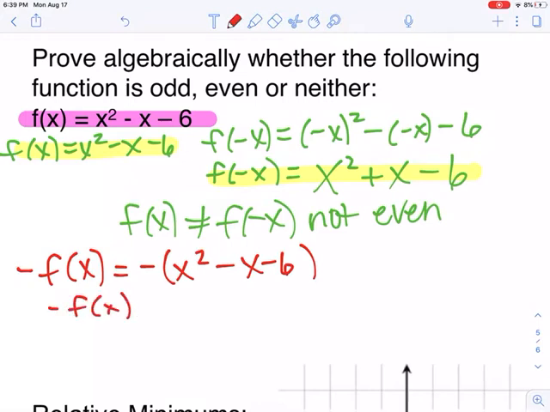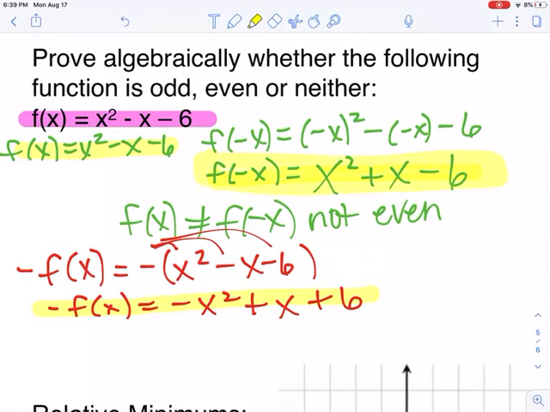Okay? Now, when we go ahead and we take that through, we get negative x squared plus x plus 6. We're just going to distribute that negative through. Now, I'll highlight this in yellow. Is negative f of x the same as this guy up here, f of negative x?